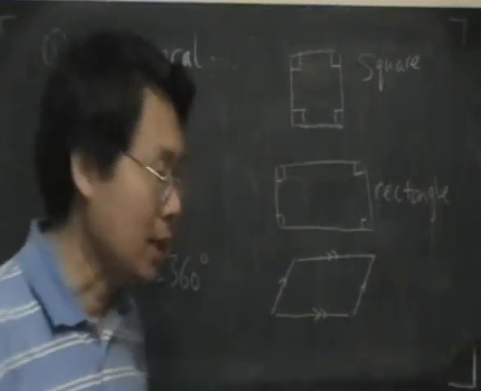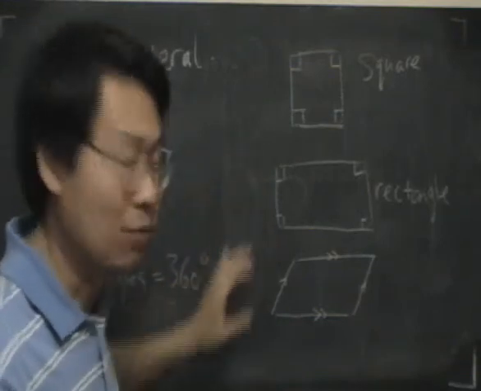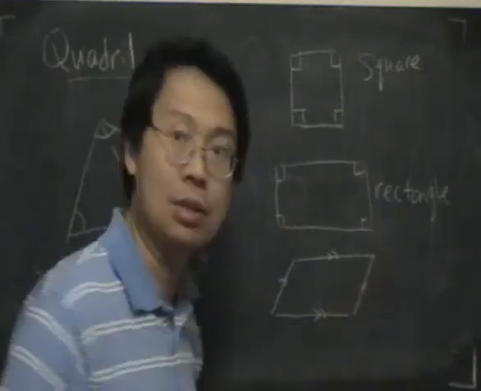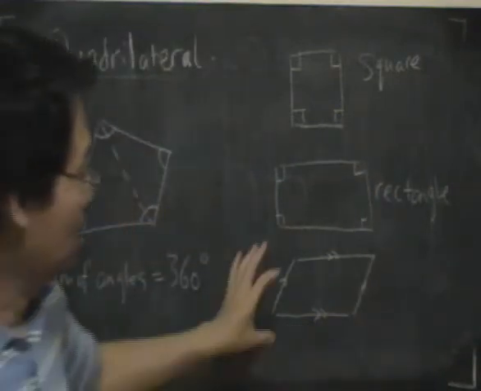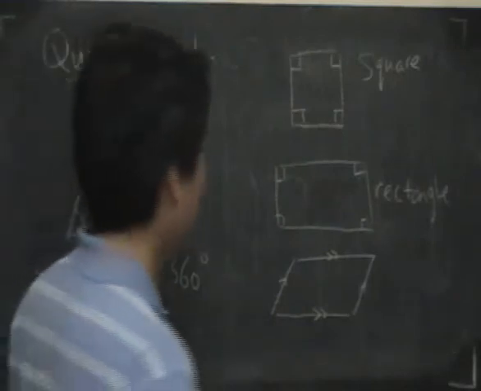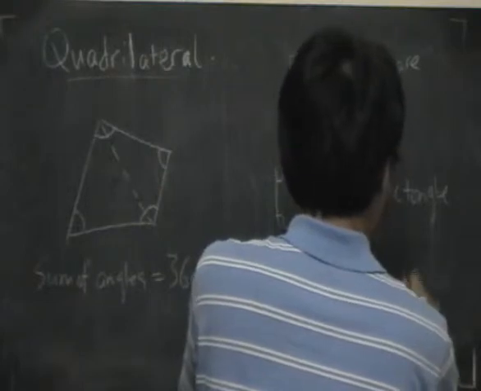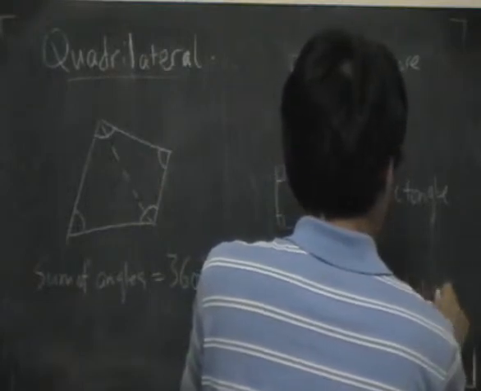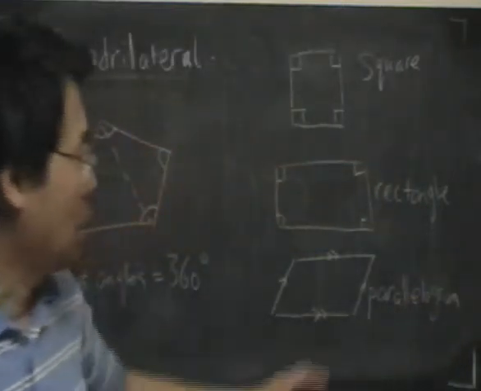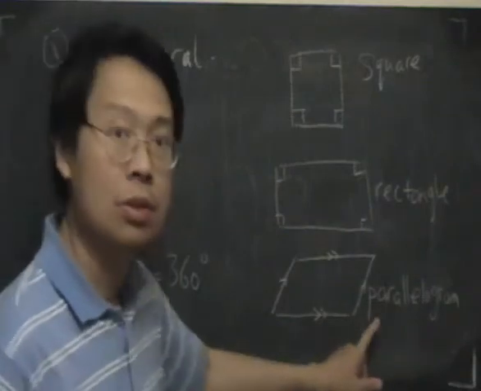Now it looks like a tilted rectangle. If you imagine taking the rectangle and tilting it a little bit to one side, that's this figure. Now this figure has a name. It's called a parallelogram.